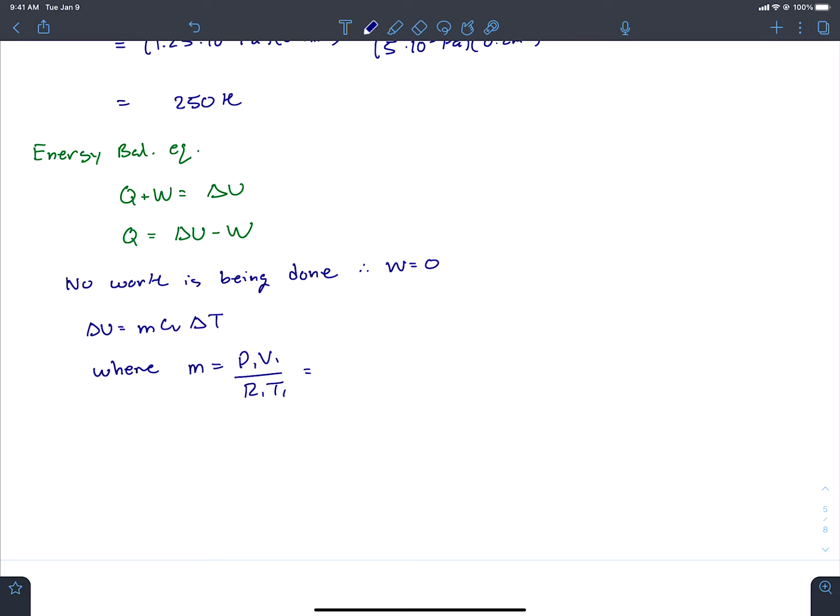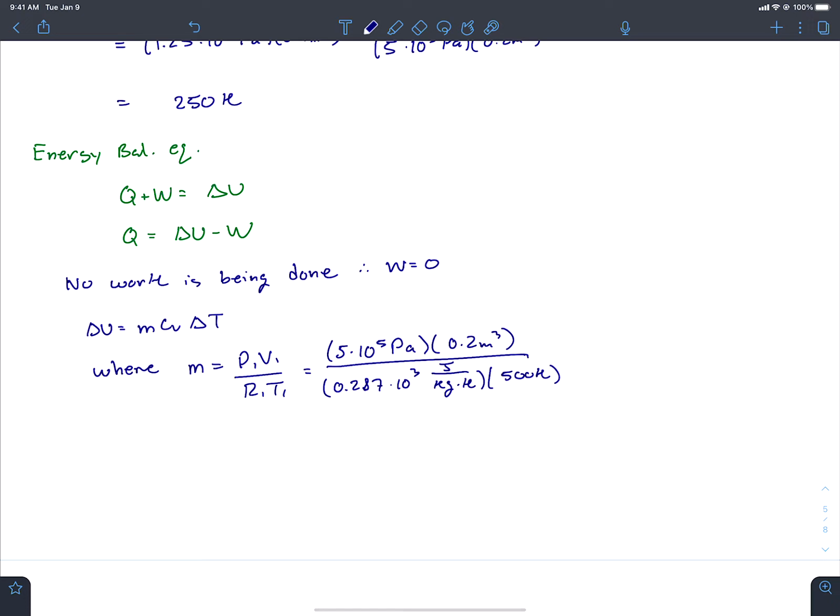Solving for that, we have 5 times 10 to the 5th Pascal times 0.2 meters cubed over 0.287 times 10 to the 3rd joules per kilogram Kelvin times 500 Kelvin. So this gives us 0.7 kilograms of air.